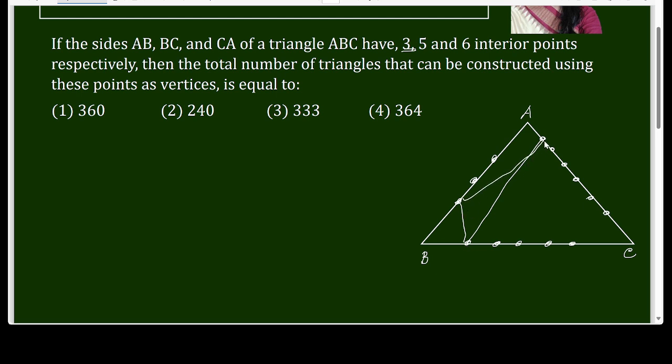Like what? So what will be the possible combinations? First, we can take 1 point from AB, 1 point from BC, 1 point from AC.